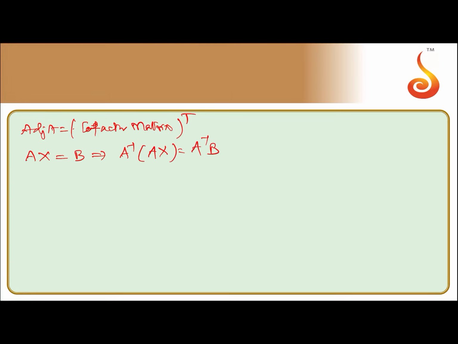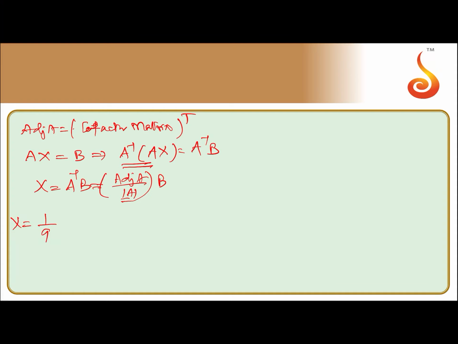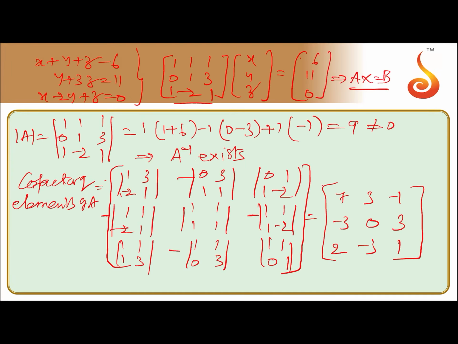A inverse A X is equal to A inverse B. A inverse into A is the identity matrix multiplied by X, so you will be getting X as A inverse B. And thereby you could say that it is adjoint A by det A multiplied by the B matrix. So X equals 1 by det A. The determinant of A is equal to 9. So 1 by 9 multiplied by the adjoint of the matrix.